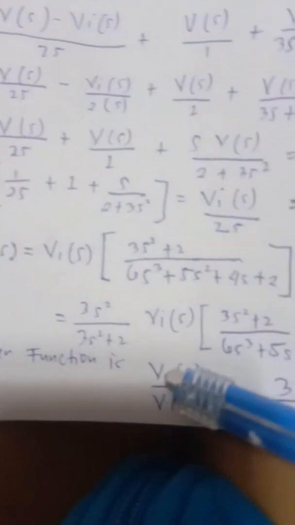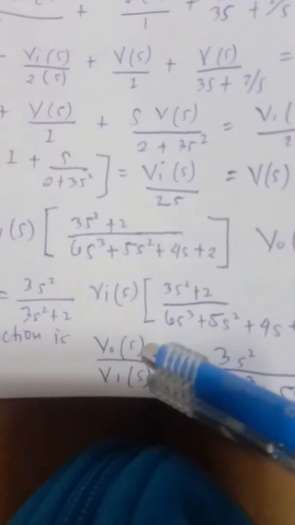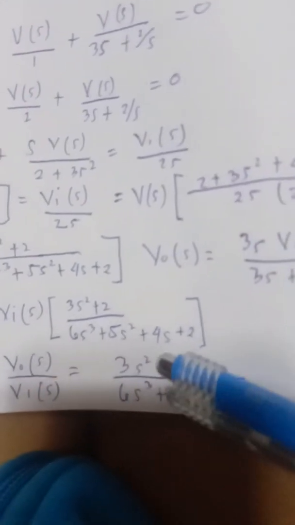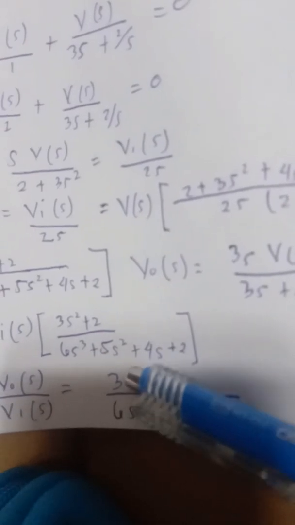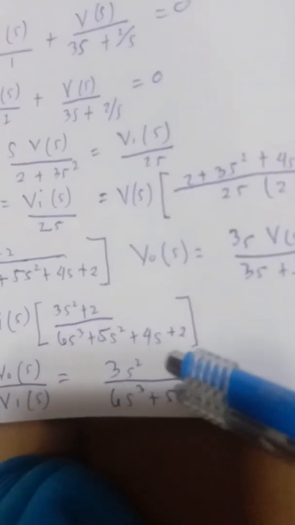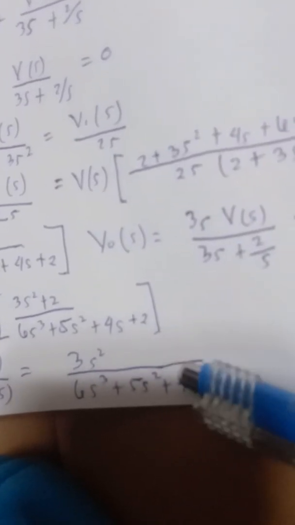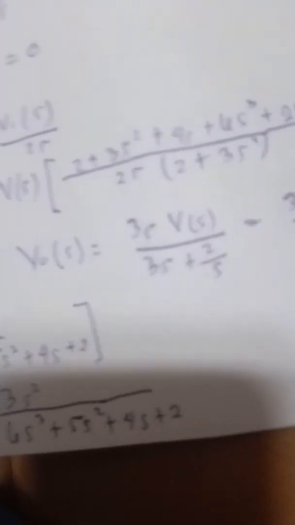Now the transfer function Vo(s) over Vi(s) is equal to 3s squared plus 2 over 6s cubed plus 5s squared plus 4s plus 2.